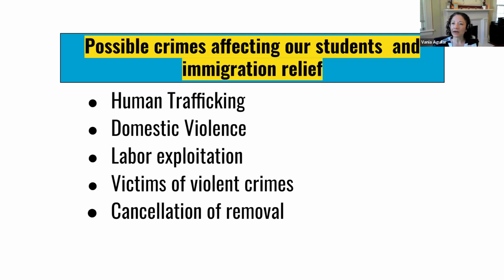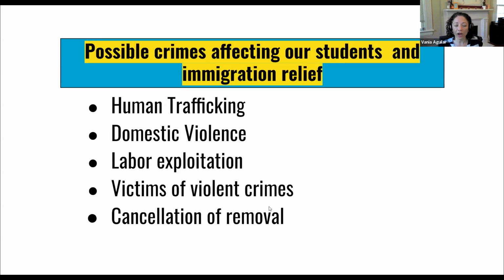Something else that I'd like to cover with my students, especially because many of them fear being deported, is cancellation of removal. This is an immigration remedy that is available for people that have been here for over a period of 10 years, and that can actually provide proof with a paper trail that they have been here that many years.